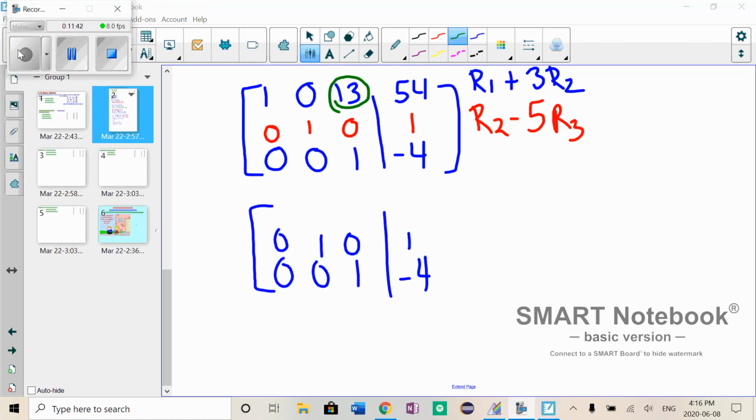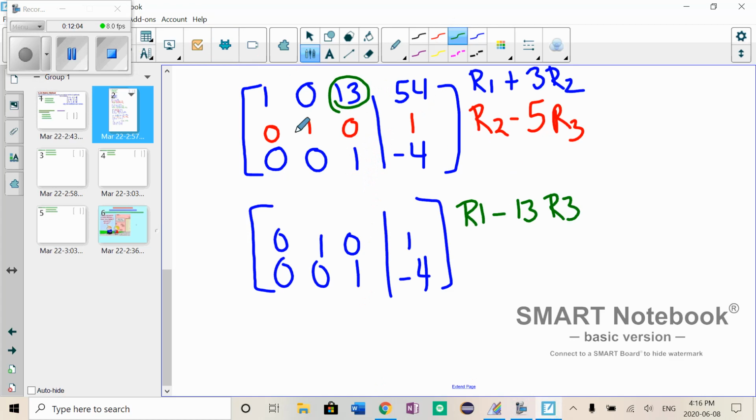So what I want to do is really clear out this 13, and I'm going to use this one to do it. If I could make this one a 13, then I could subtract them and the top 13 would be gone. So I'm going to do row 1 minus 13 times row 3.